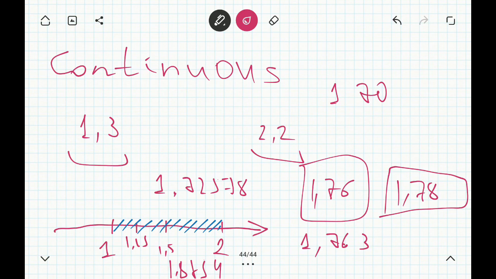There are differences in millimeters or in fractions of millimeters. So your height can be any number between 1.3 and 2.2. So there are infinitely many different possible heights of a human being of 20 years of age, right?